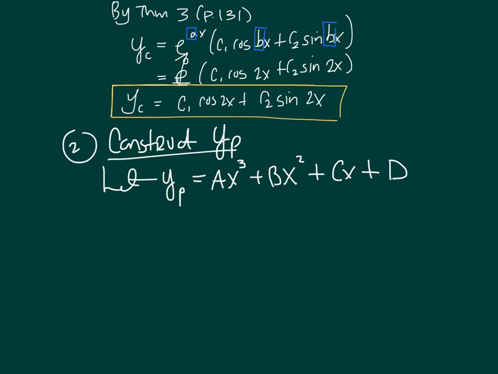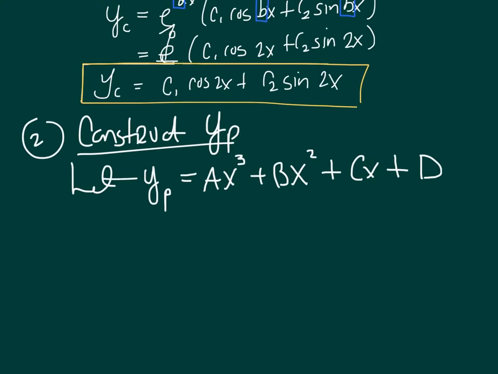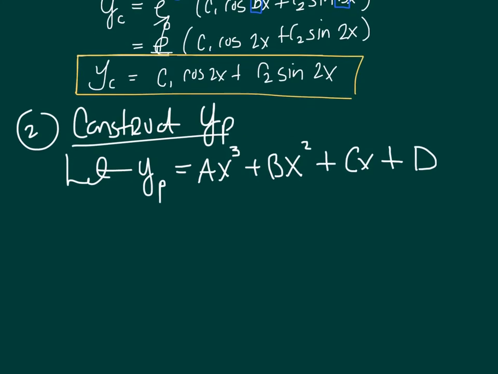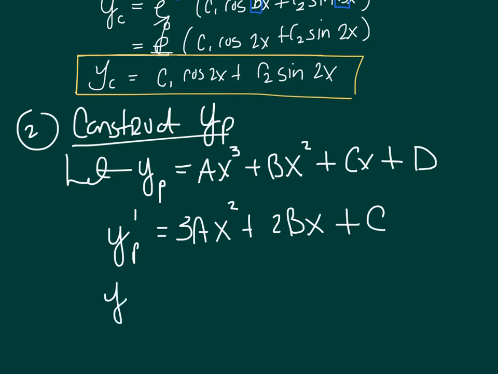So let me make this a little bit bigger. So y prime, well, this is a nice polynomial, so it's just 3ax squared plus 2bx plus c, and y double prime is 6ax plus 2b.